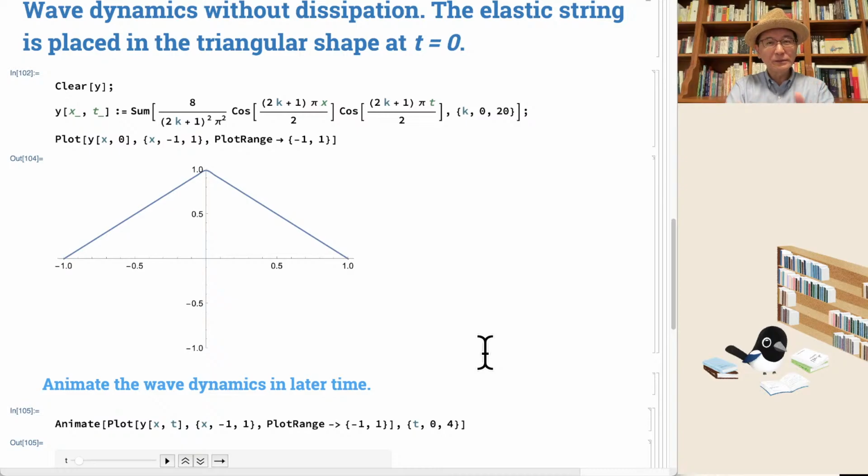So the simplest one is the linear wave equation that I just showed you. And I said if I have a string fixed on both ends and I'm pulling it up in the shape so that it becomes a triangular shape at t equals 0. If I let it go, do you know what the wave equation will show you?